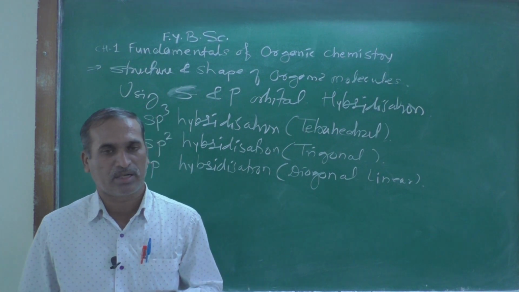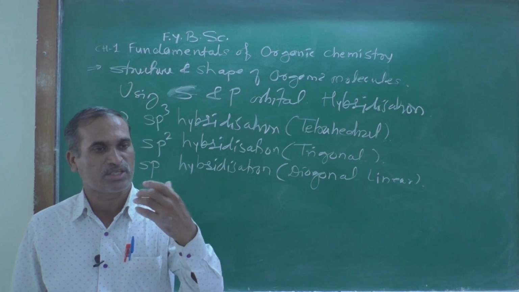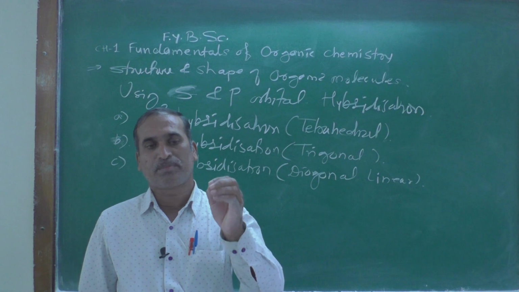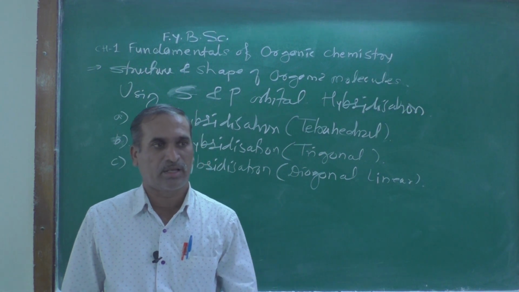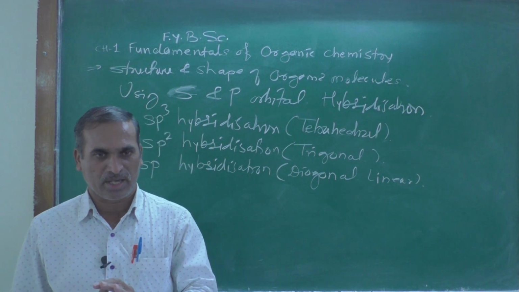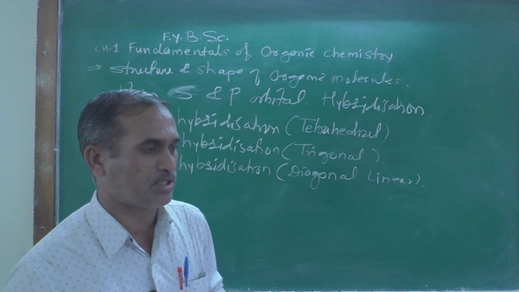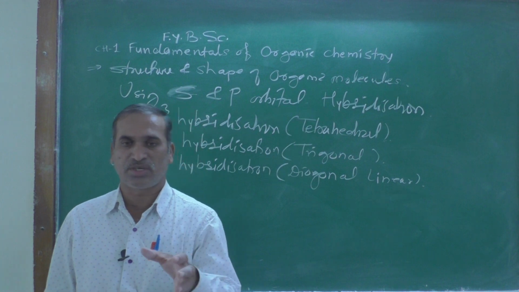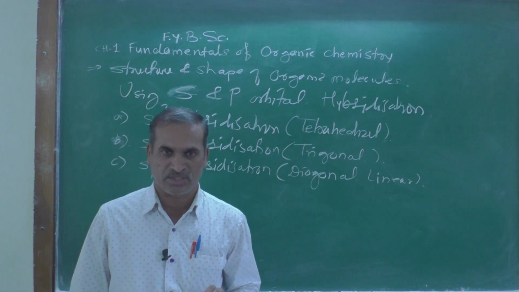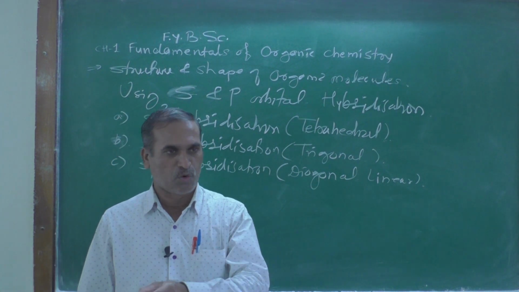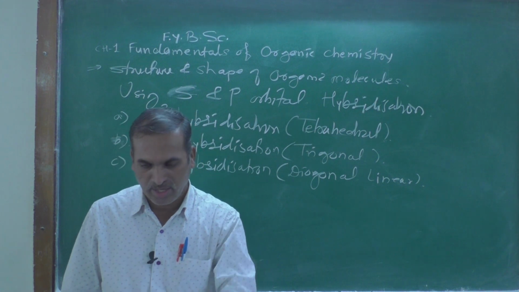If carbon-carbon double bonds are there, it shows sp2 hybridization. If carbon-carbon triple bonds are there, it shows sp hybridization. It is a hypothetical process, but very useful for the organic chemist.